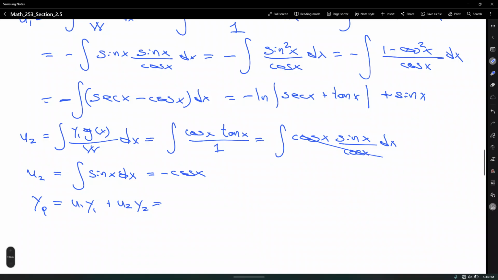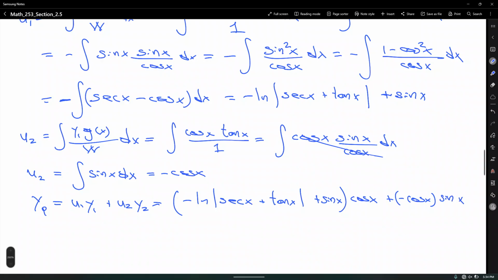We got this humongous quantity here: negative ln of secant plus tangent plus sine, times y1, which was cosine. Plus u2. What's u2? Negative cosine, times y2. What was y2? Sine x?